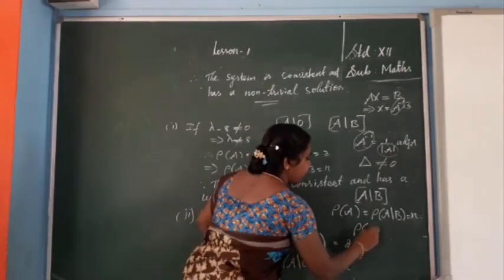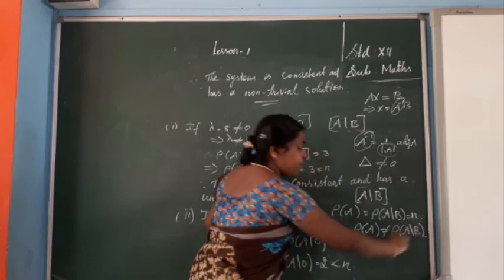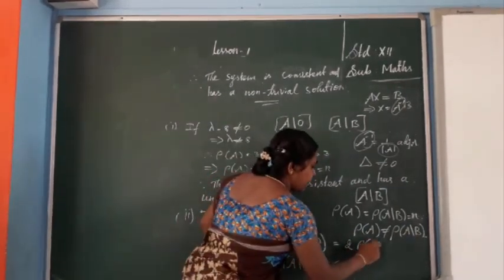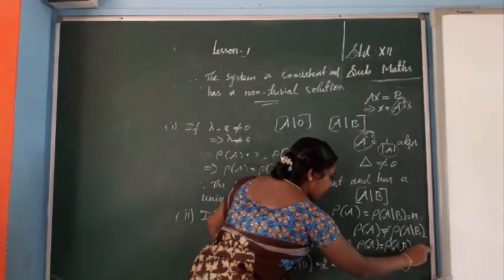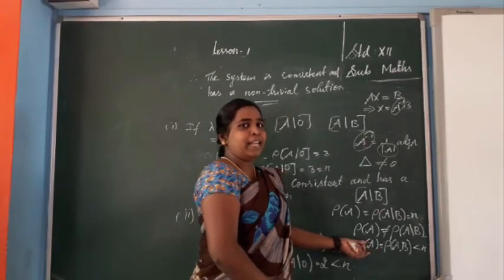Suppose rank of A is not equal to rank of [A|B]; then the system is inconsistent and has no solution. If rank of A equals rank of [A|B] and is less than the number of unknowns, the system is consistent and has infinitely many solutions.